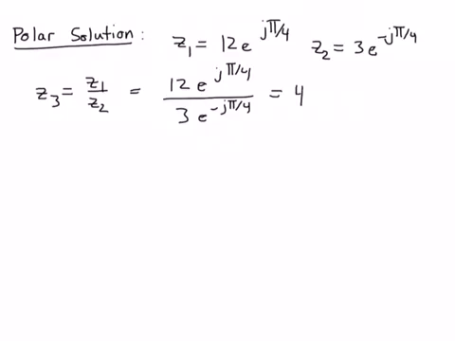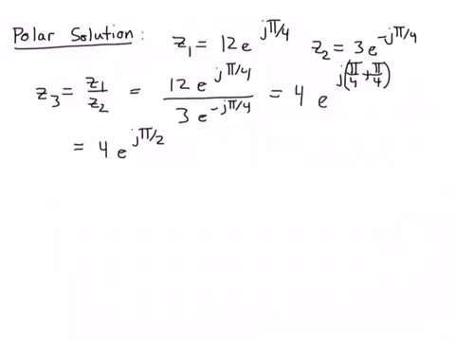And then we can move e to the minus j pi over 4 to the numerator. And we'll have e to the j pi over 4 plus pi over 4. Because when we move this to the numerator, we're going to add its exponent. And so we have our final answer. Z3 is equal to 4 e to the j pi over 2.